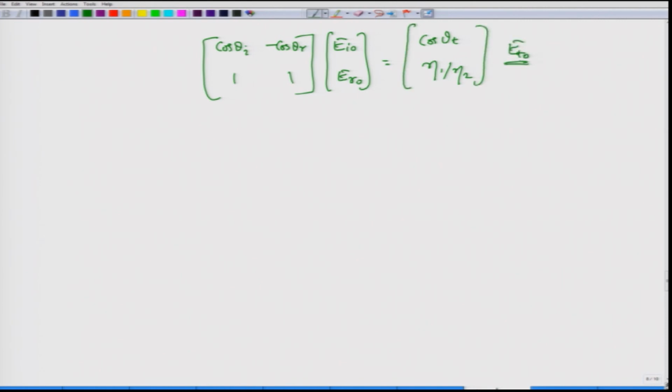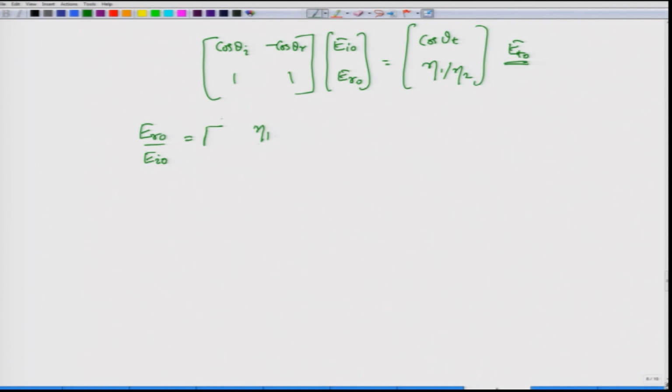Now, you can simplify these equations in whatever way you know. You can either add them, subtract them, or use the matrix, find the determinant and do all that simplification, to eventually end up with the ratio of the reflected field to the incident field, denoted by gamma.